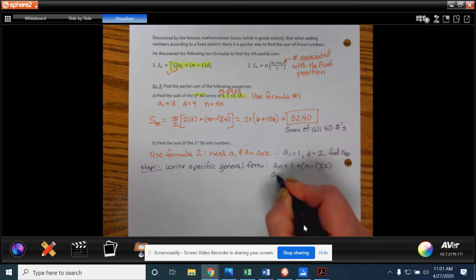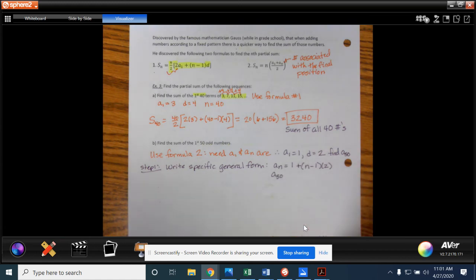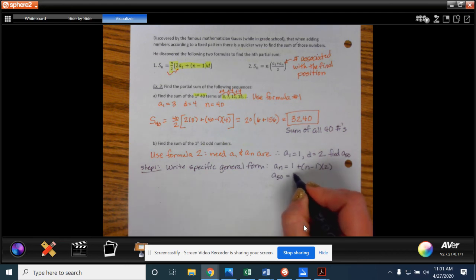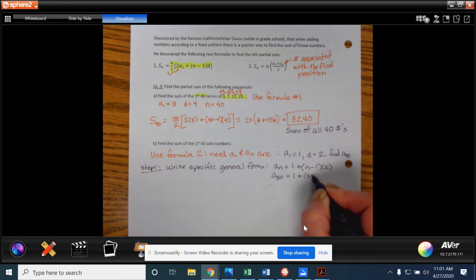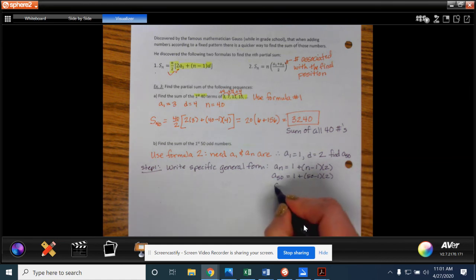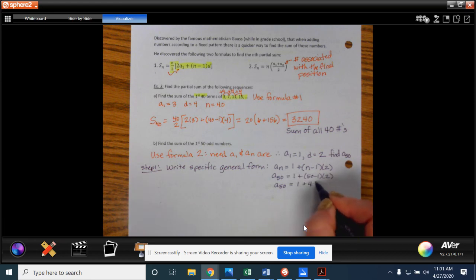I have a of 50, because remember we want the 50th, the a of 50. That's what we need to find. So a of 50 is going to equal 1 plus 50 minus 1 times 2. So a of 50 is going to equal 1 plus 49 times 2, order of operations, and I get 99.